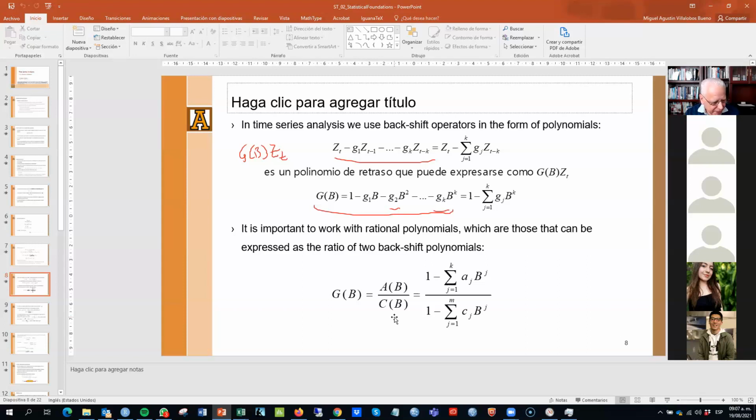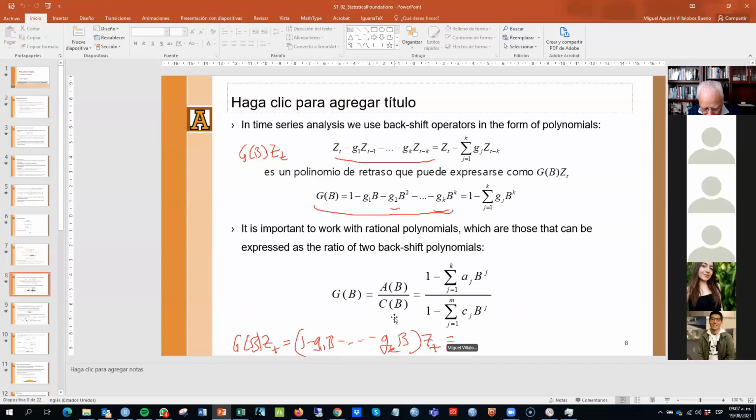It's the same G. So when I say G of B applied to Z_t, I'm taking this polynomial 1 minus G1 B minus up to GK B^K and applying it to Z_t.